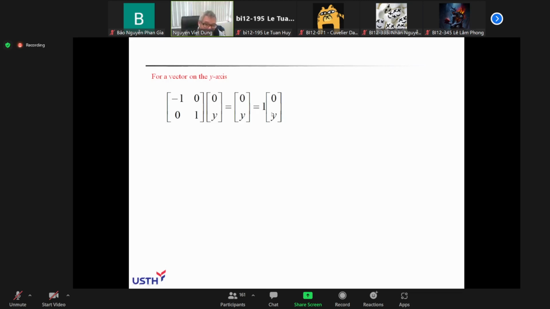It means that the number 1 is another eigenvalue of A. And that vector will be an eigenvector of A corresponding to lambda equal 1, except when y is 0, because at that time the vector becomes the zero vector, and the zero vector cannot be an eigenvector.